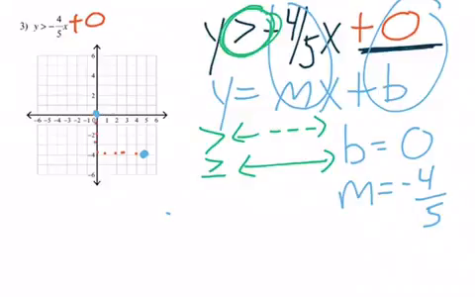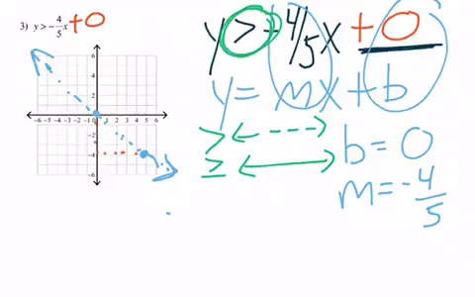So our line will be a dashed line, kind of like so. A dashed line.